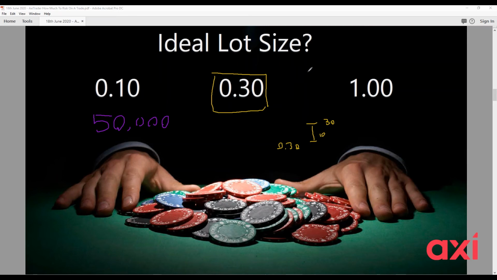But if you have a stop loss of 100 pips, a lot longer, you might be risking $300. So the ideal lot size really depends on how far your stop loss is going to be. That's the first criteria. And the second criteria is how much you're going to risk on each trade, right?